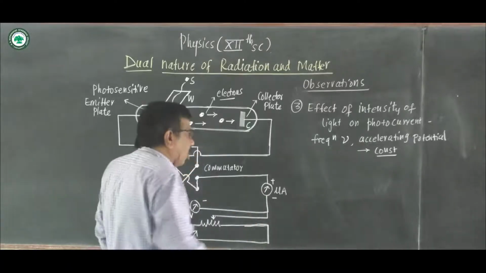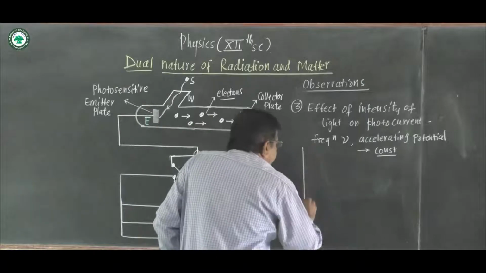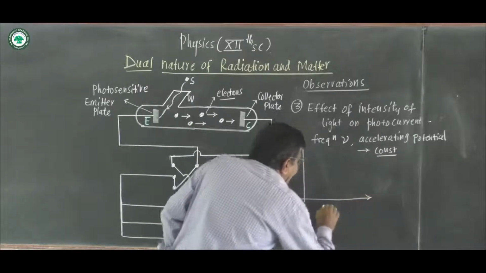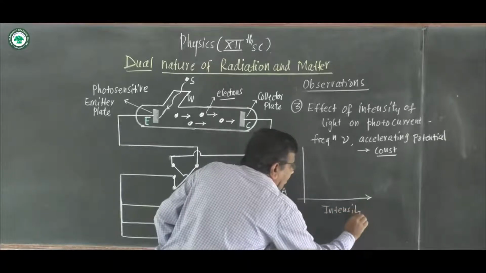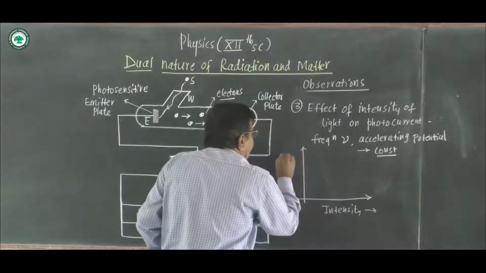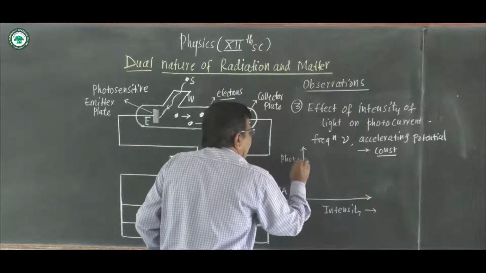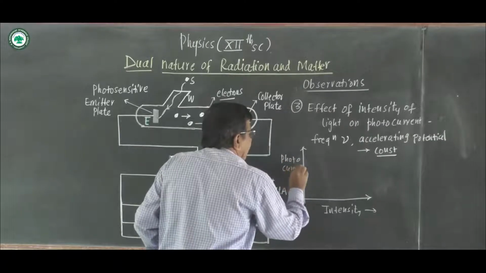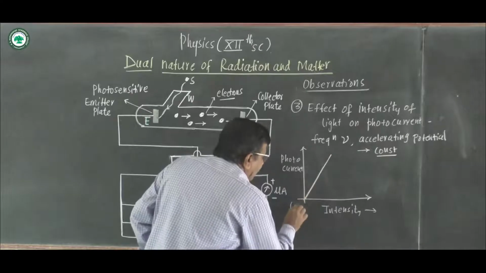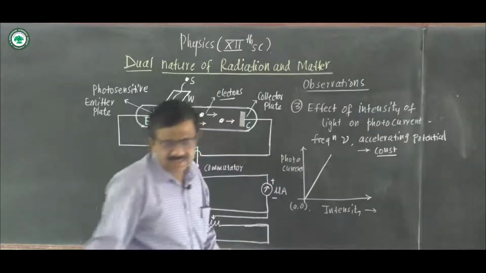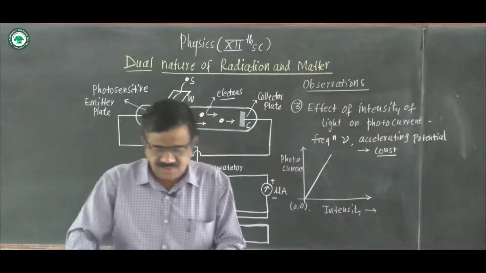If we plot a graph of photocurrent against the intensity of the light, the graph is a straight line passing through the origin.